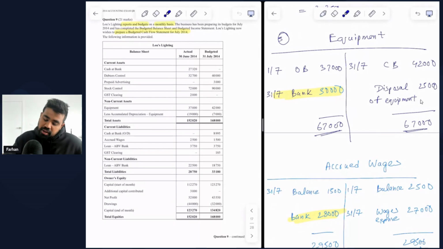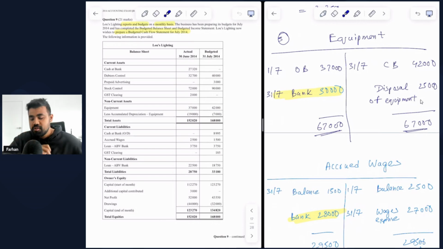So on the debit side, you can see the opening balance on 1st of July is $37,000, and on the credit side, you can see the closing balance at 31st of July of $42,000, both of which have been taken from the balance sheet. Right. So during the period, we expect to dispose an equipment with a cost of $25,000.